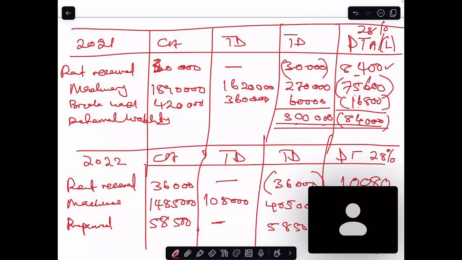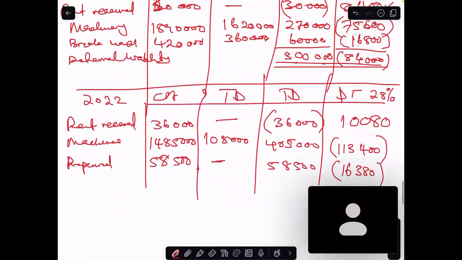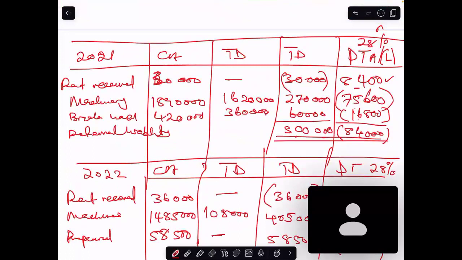The columns are: carrying amount, tax base, temporary difference, deferred tax asset or liability.